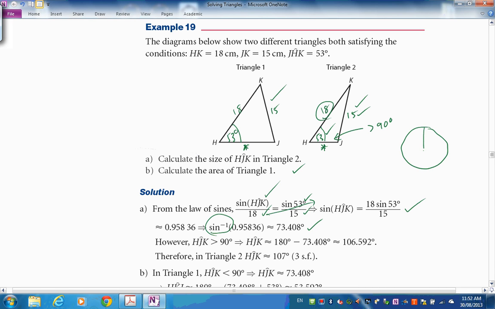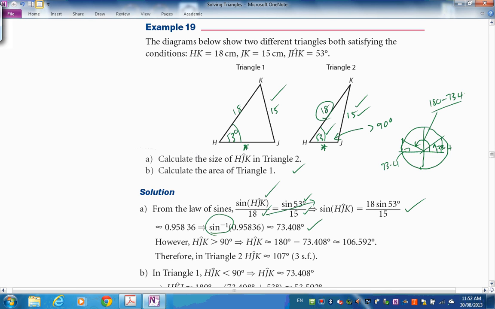If you had 73.4 whatever in here, and we made a congruent triangle here with 73.4 there, the heights here, the y values, will be the same, but the angle is actually that angle there, 180, or pi, minus 73.4.